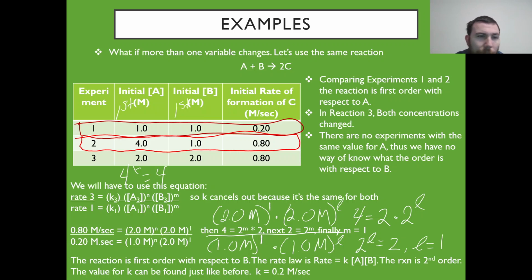We take one of those experimental lines, plug in those concentrations, maneuver the rate constant so that you end up with your value. And again, the units here for the rate constant, I believe, should be 0.2 divided by molarity times seconds.